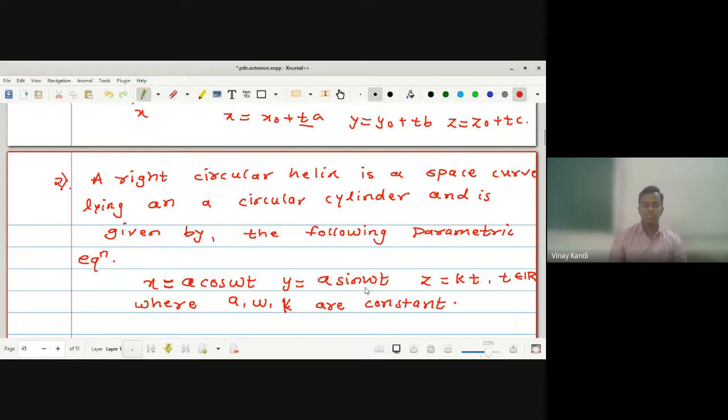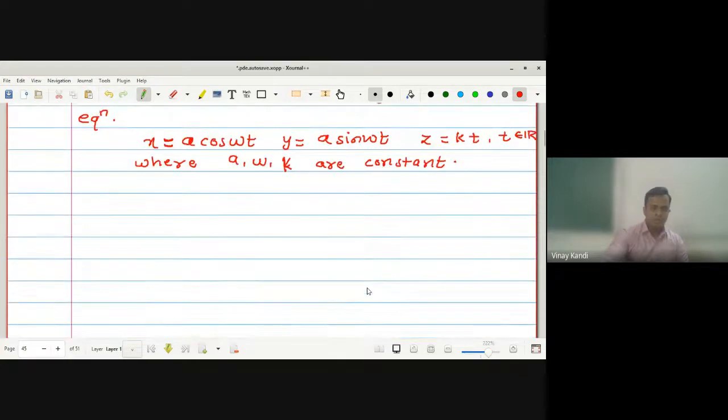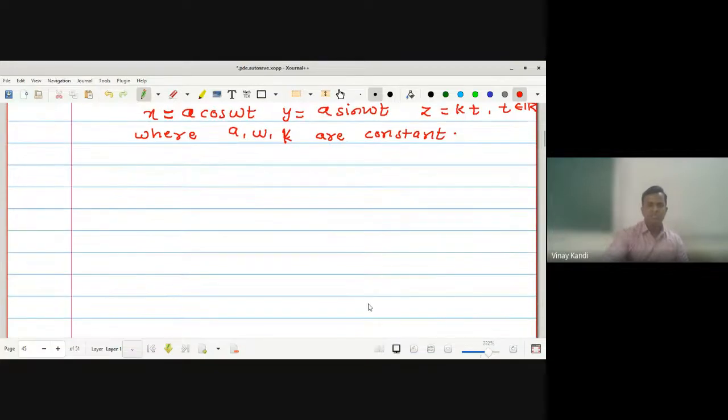Okay, now what is the equation of a surface in 3D space? These were curves. Now, the equation of a surface. Look here.